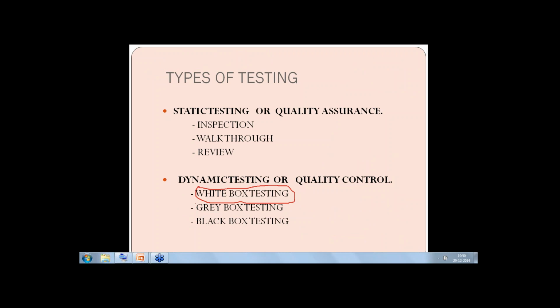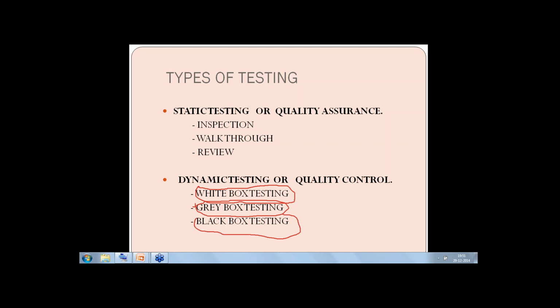Similarly, gray box testing is also known as translucent box testing. Okay, whereas for black box testing, there are other jargons used as well. Black box testing is also known as opaque box testing or closed box testing.